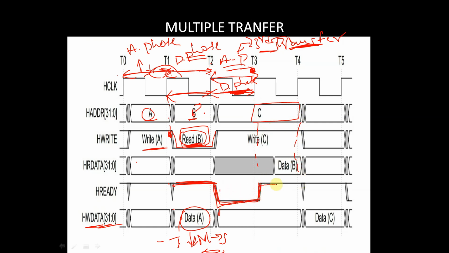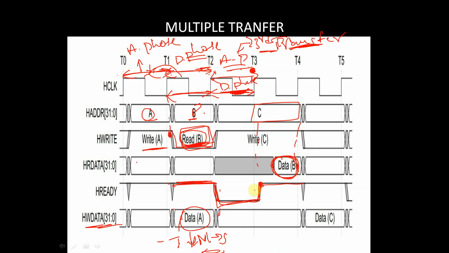Until HREADY becomes high, the address phase will get extended, and when HREADY is high, the second transfer, that is the read operation, will take place and the data is read by the master. Here we can see read is high in the T1 to T2 clock cycle, that is the address phase.